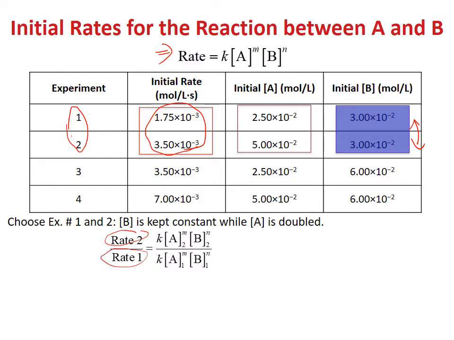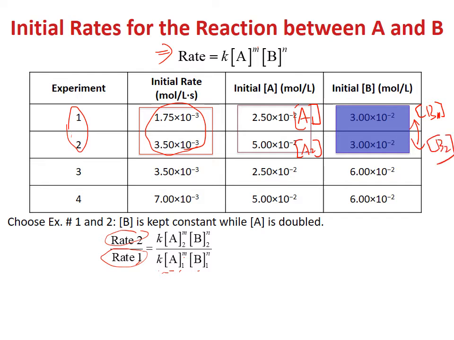According to theory, rate 1 should be k times a1 to the mth power times b1. So a1 is this one, this is b1. And this is a2, experiment 2 concentration, and this is b2.